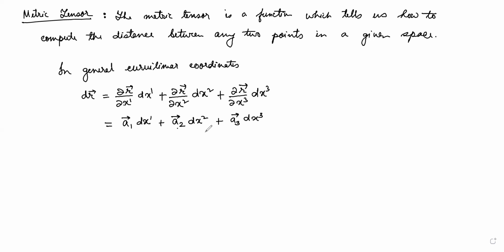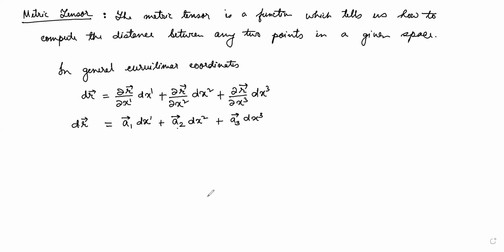Their magnitude may be greater than 1 or less than 1, so they are not unit vectors, but they are still basis vectors. So this is the displacement dr vector in general curvilinear coordinates, where x¹, x², x³ are the coordinate axes.